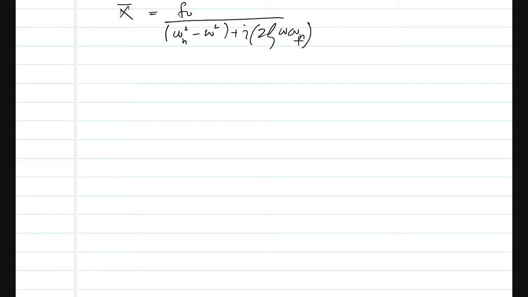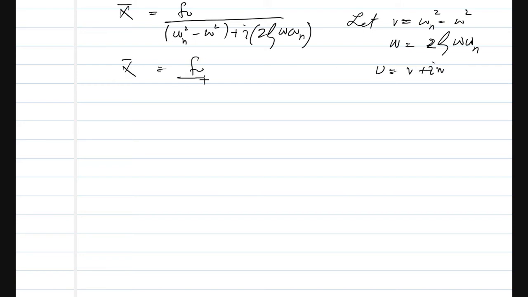So we have a complex number in the denominator. Okay, so if we let v equal omega n square minus omega square and w equal 2 zeta omega omega n, and take u equal to v plus iota w, then x bar is nothing but f naught over u.